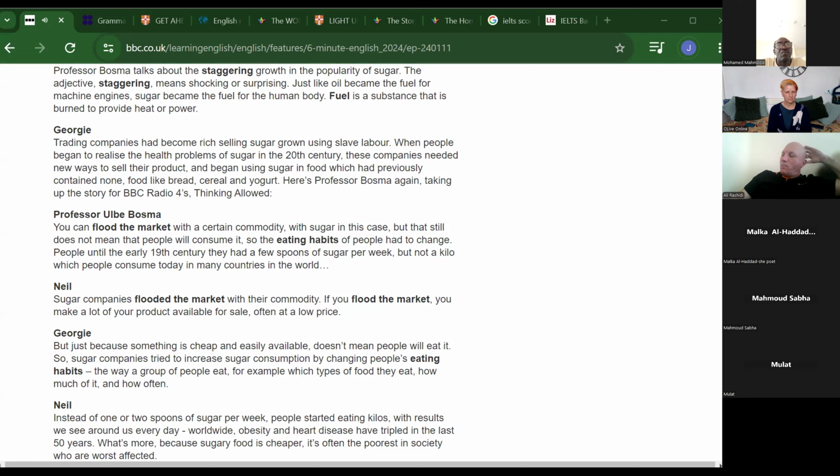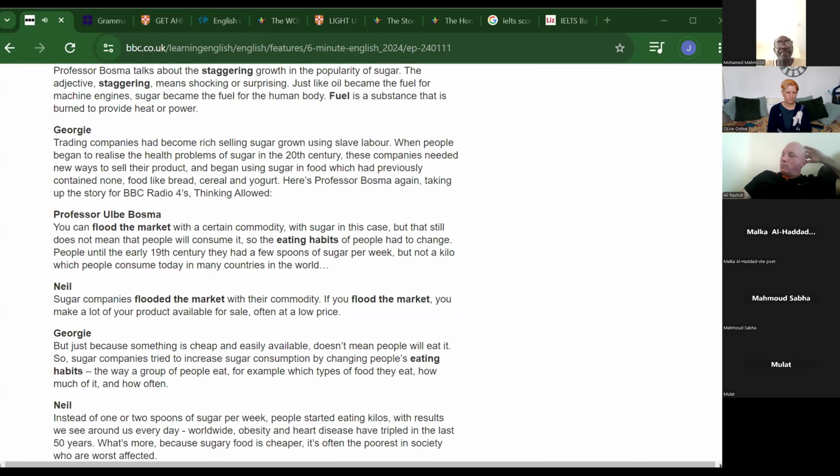Sugar companies flooded the market with their commodity. If you flood the market, you make a lot of your product available for sale, often at a low price. But just because something is cheap and easily available doesn't mean people will eat it. So sugar companies tried to increase sugar consumption by changing people's eating habits, the way a group of people eat.